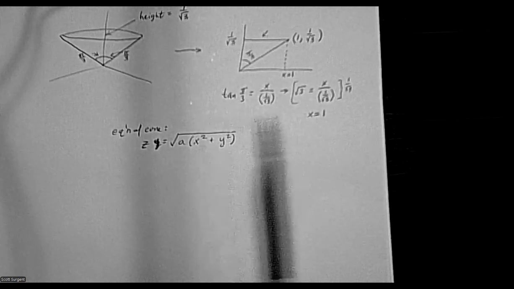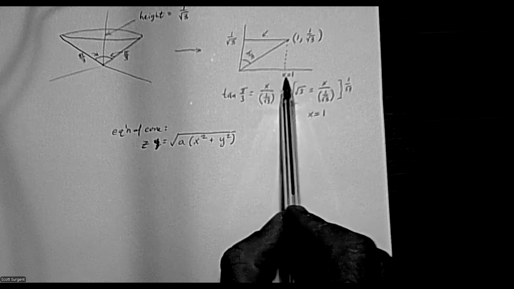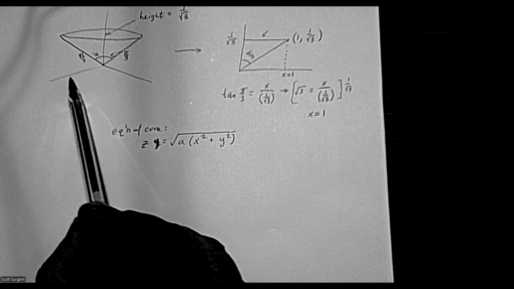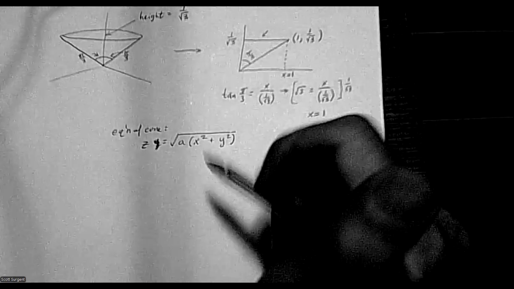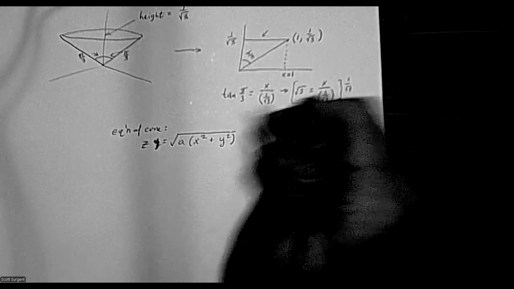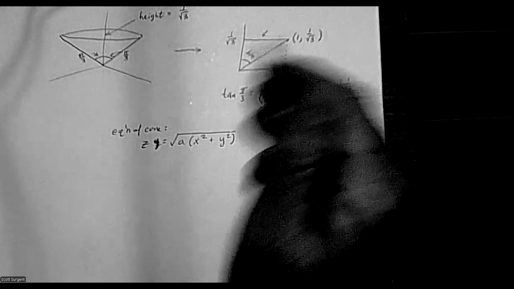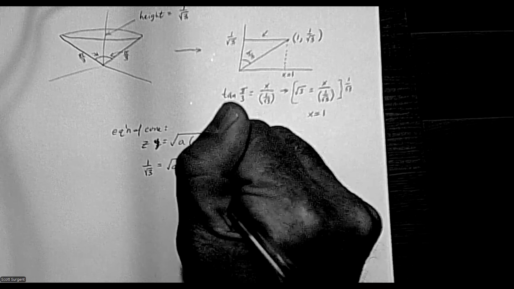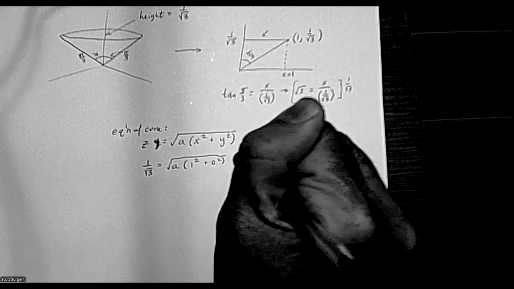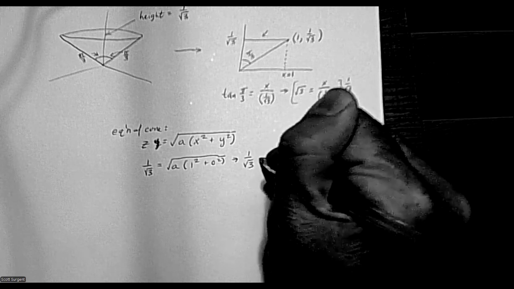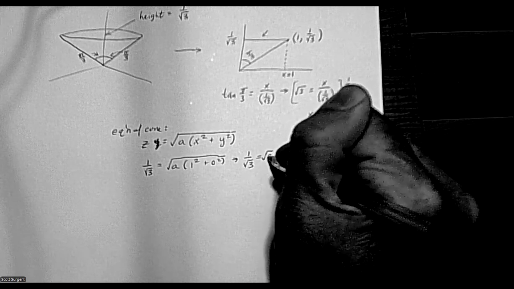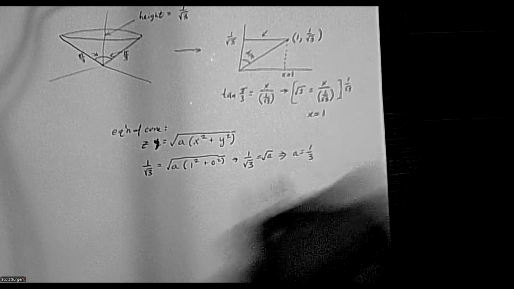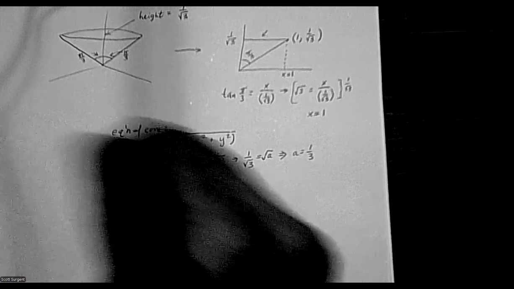Since the cone is symmetric, at x equals 1, that's the same as y equals 0, like being right here on the xz plane. So at x equals 1 and y equals 0, z is 1 over rad 3. So we can figure out what A is. Looks like A is going to be 1/3. All right, we'll go with that.